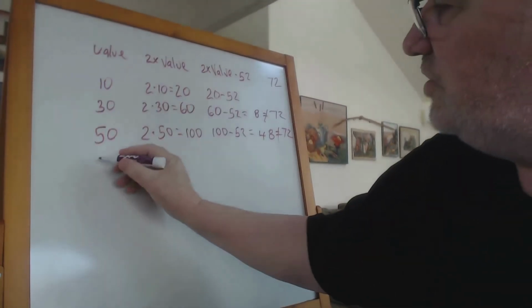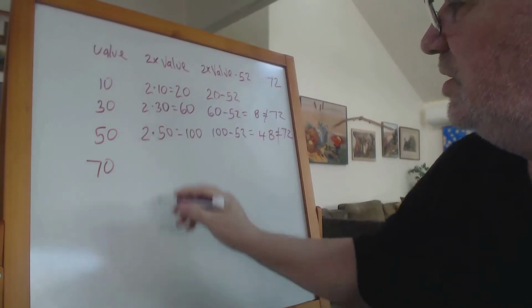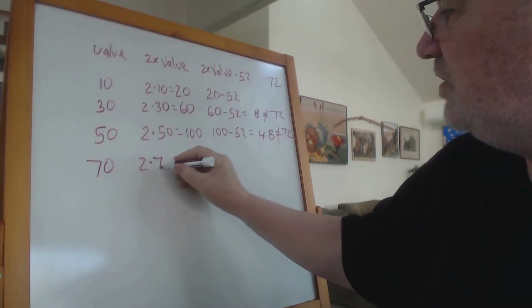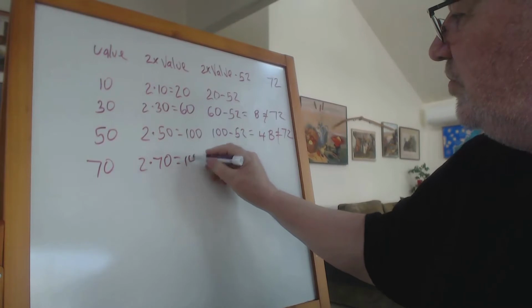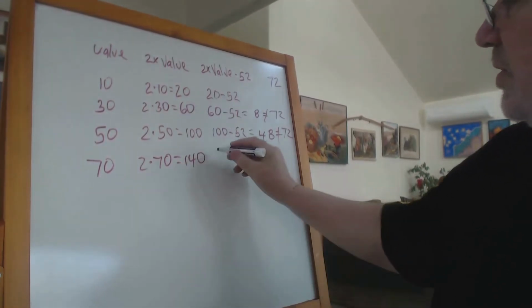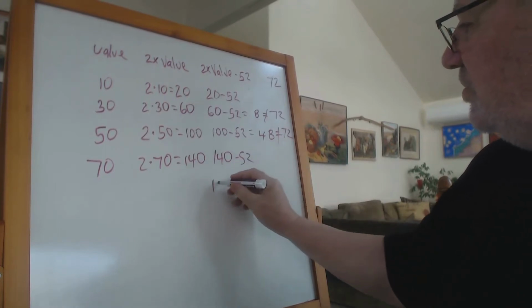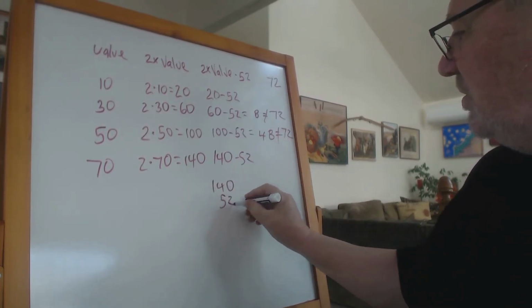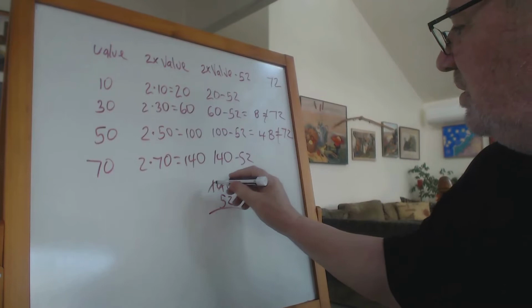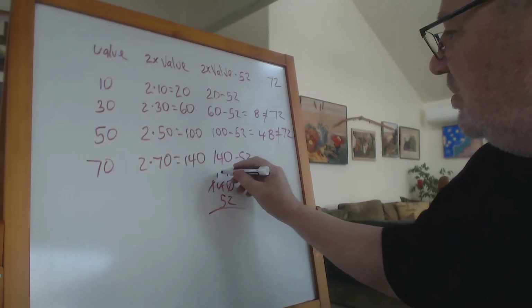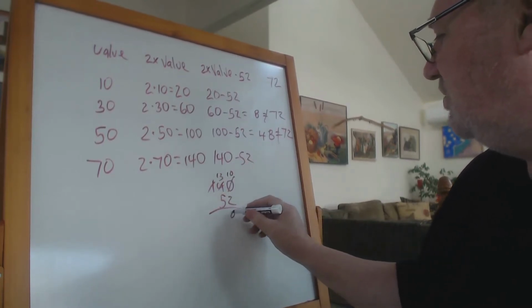So let's try 70. 2 times 70 is 140. 140 minus 52, let's do that down here, I do it easier this way.